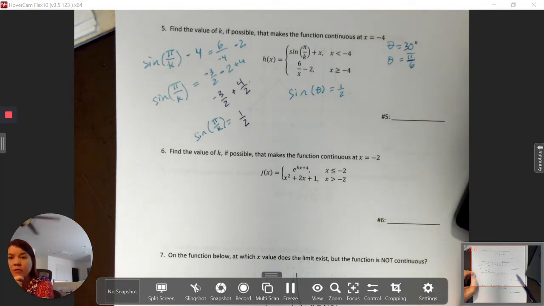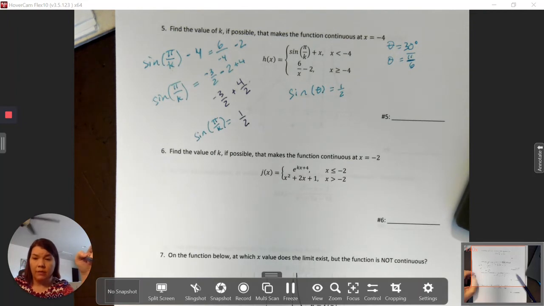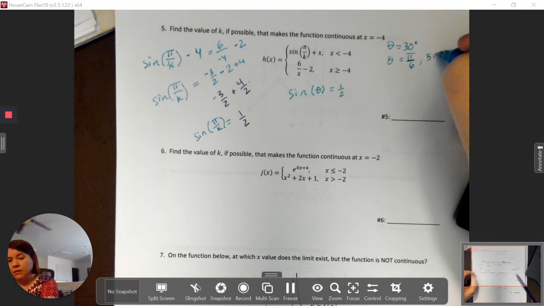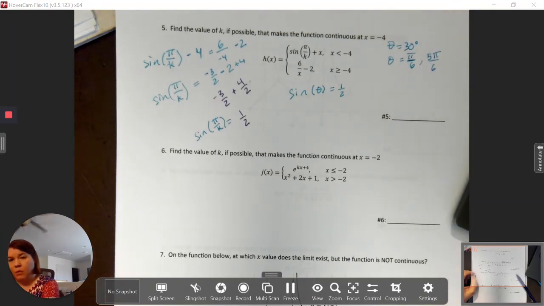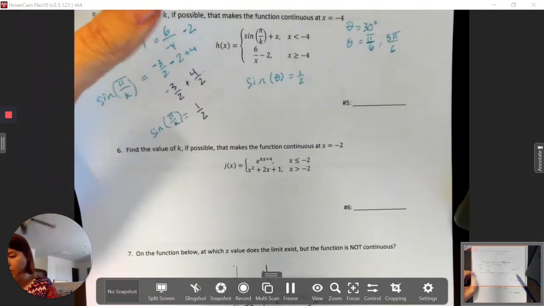So if it happens in the first one, it's pi/6, but it could be any multiple of pi/6 because it's 1/2 here. It's also, y is also 1/2 at 5pi/6, right before pi. So it could be either of these or any form of them plus 2 pi. So we got to kind of keep that in mind with the periodicity. But those are our values of theta.